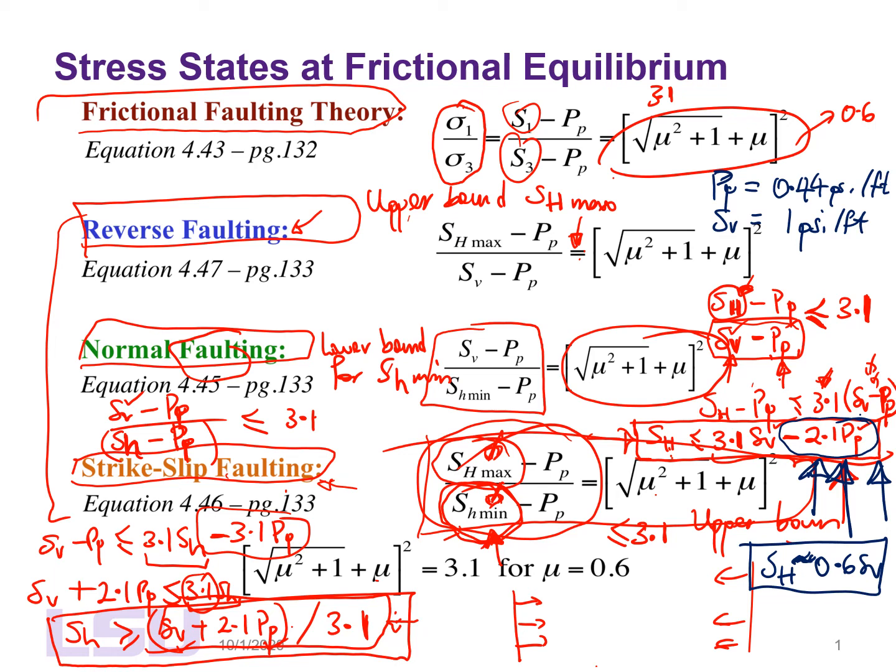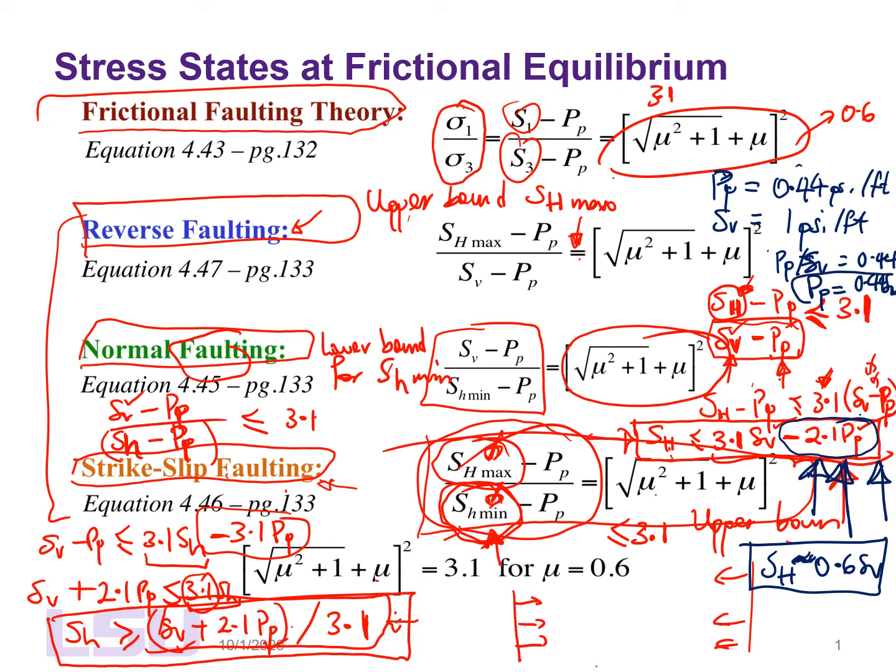So what's pore pressure over SV? Pore pressure over SV will be 0.44, right? So it's 0.44 divided by 1 psi per foot. So pore pressure over SV equals 0.44. And that means pore pressure is actually just 0.44 times SV, right?